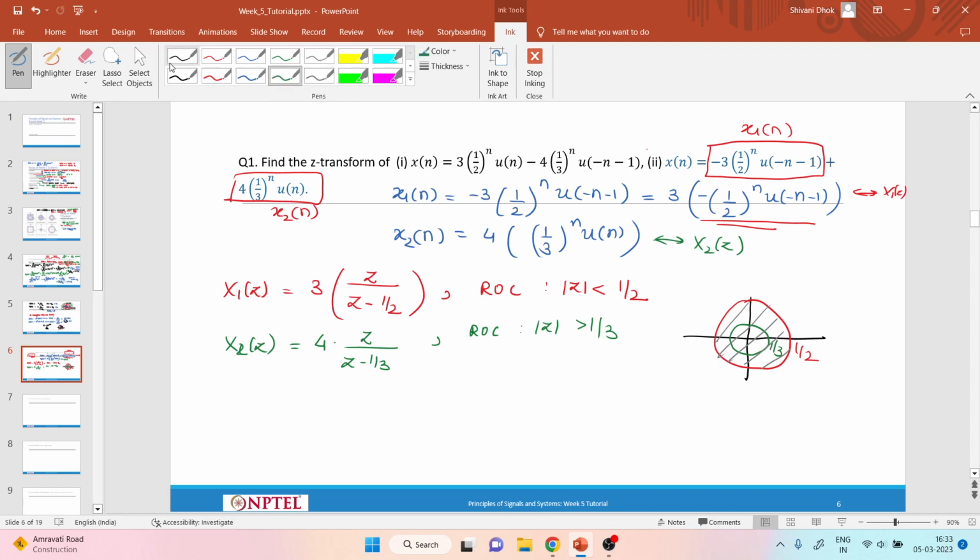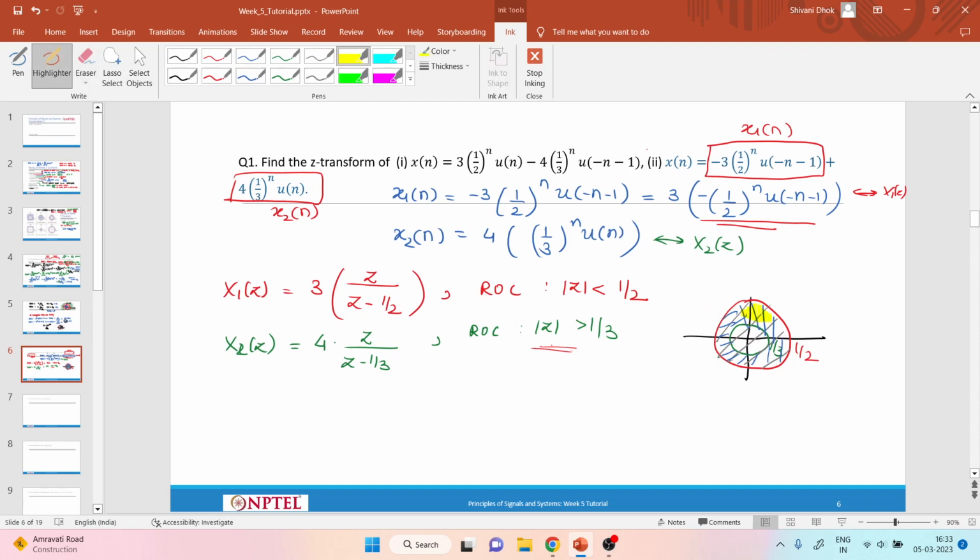And the second part, this one, is the one where my magnitude of z is greater than 1 by 3, that is this part. So this part, which is of the form of a ring, is basically your region of convergence.